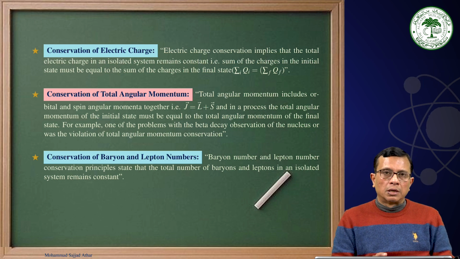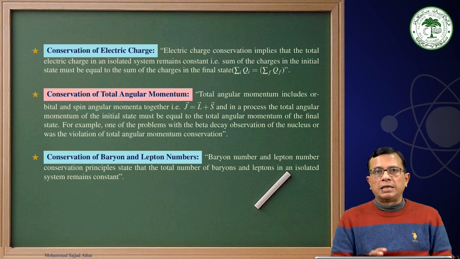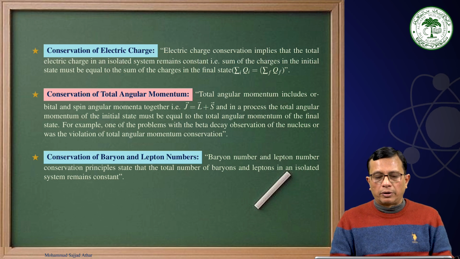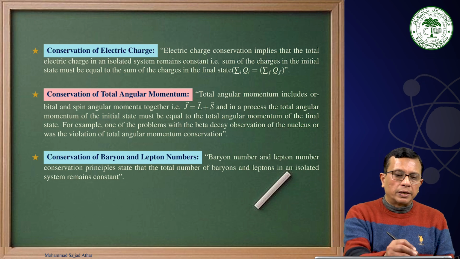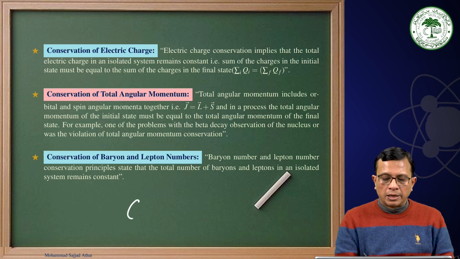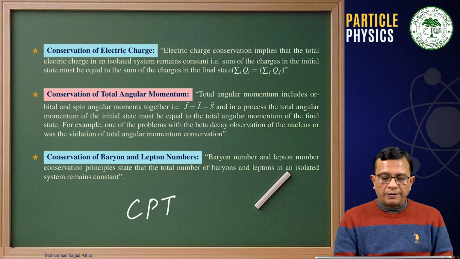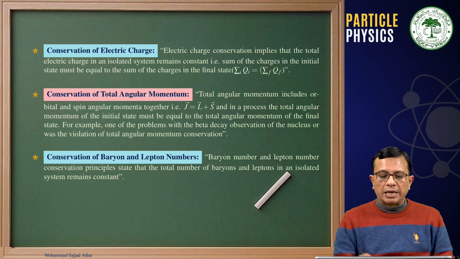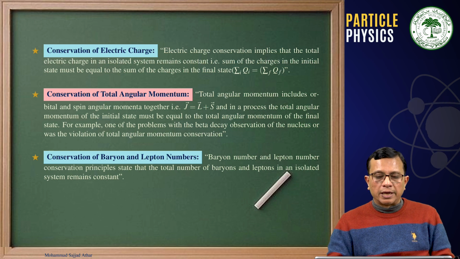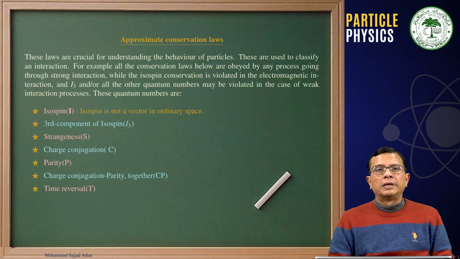Those quantum numbers we call exact conservation laws, where we have energy, linear momentum, total angular momentum, charge, lepton number, baryon number, and finally one that should be there is CPT. These three operators taken together: charge conjugation, parity, and time reversal. Then we have approximate conservation laws.